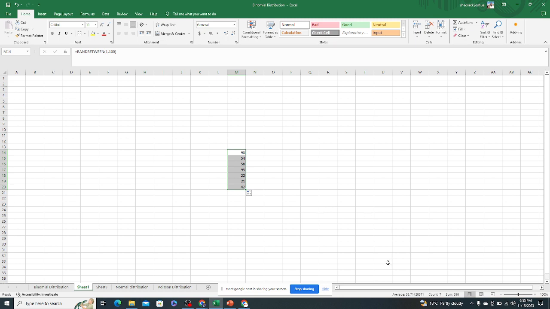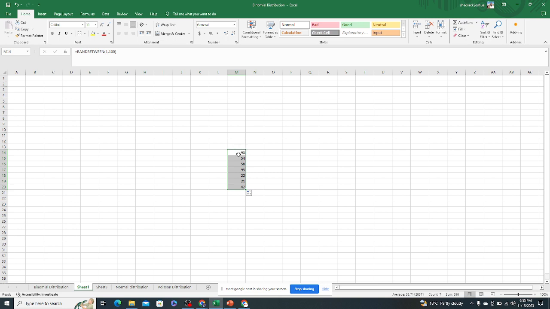For example, I have generated random values: 98, 54, 58, 96, 20, 95, 22, 21, and 42. So it has generated values between 1 and 100.